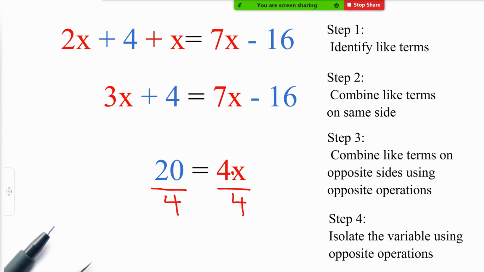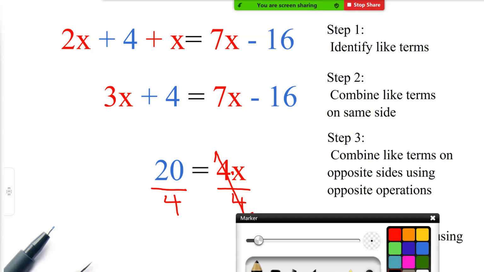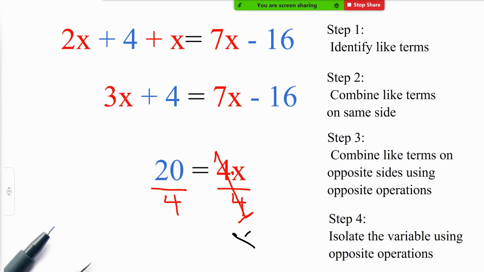Now, when I divide by 4, 4 divided by 4 is the big giant 1. That's what made it disappear and move to the other side. And that leaves me with an isolated x. X is by itself. That's awesome. And on my other side, I have 20 divided by 4 is 5.